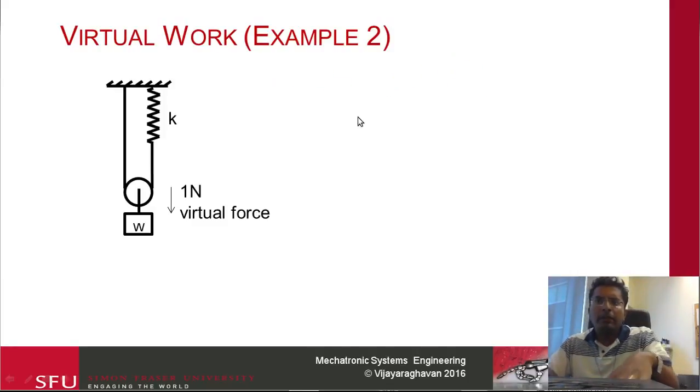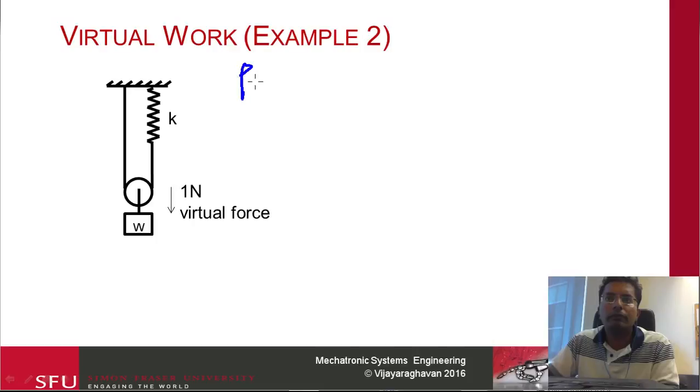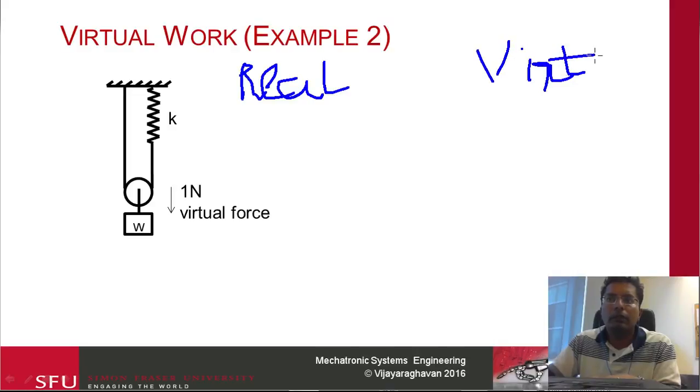Let me write this again. I'm going to use the blue here to denote the real forces. So let's do real. And then this is going to be the virtual. Okay. So maybe I should have written this in red. So I'll just underline this in red, and then this is going to be in blue.